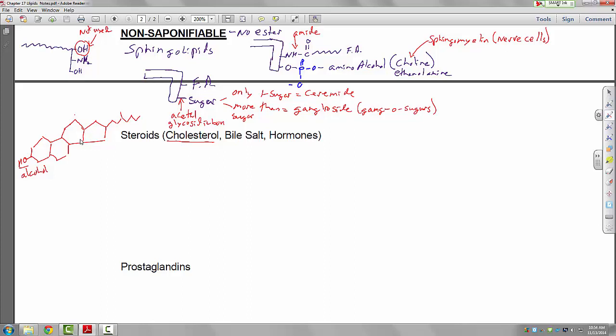All right. So cholesterol is found in a number of things. Well, it has a role in cell membranes. It regulates membrane fluidity.